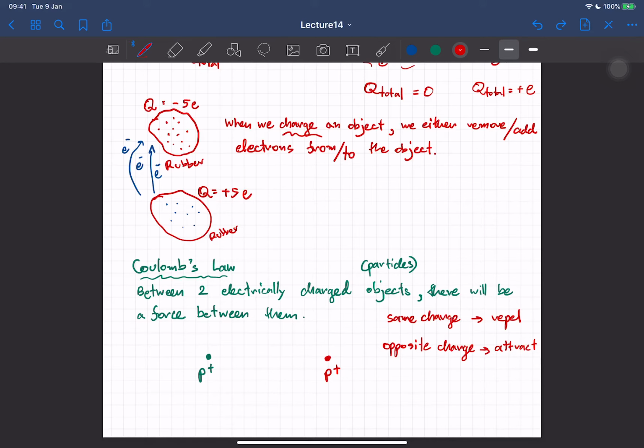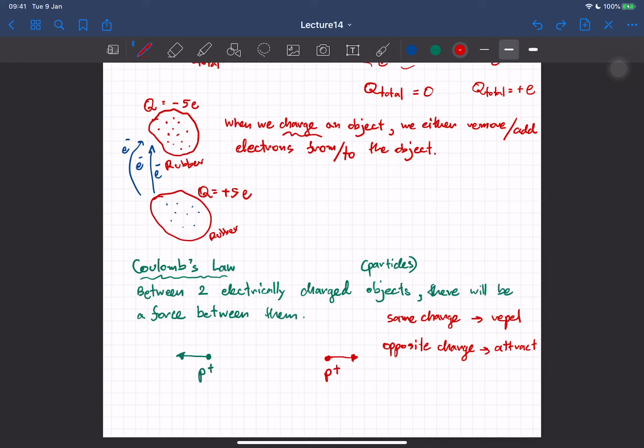So what does it mean for particles to repel each other? It means that from the point of view of each particle, there will be some kind of force pushing them away from each other. So there will be some force pushing on this particle to the left and this one to the right. This is what we mean by repelling each other, that there will be a force trying to pull apart those two particles.